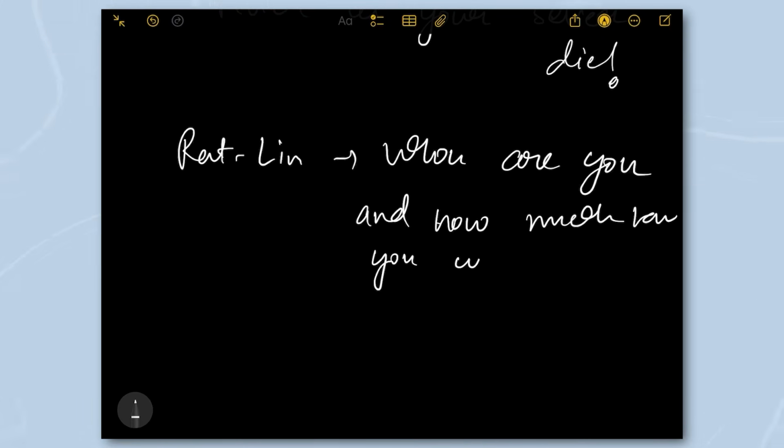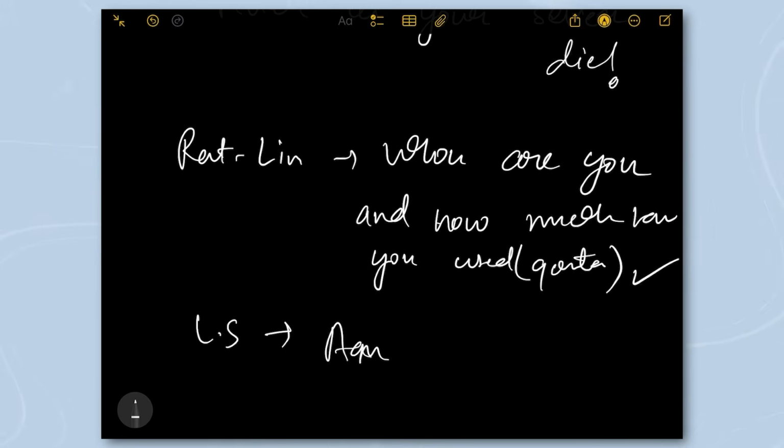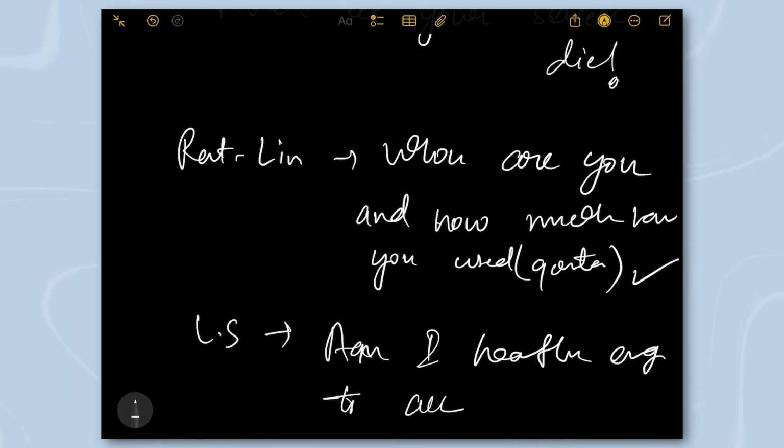Based on this, we decide whether to accept or reject the request based on the quota. And load shedding asks this question: am I healthy enough to accept this request?